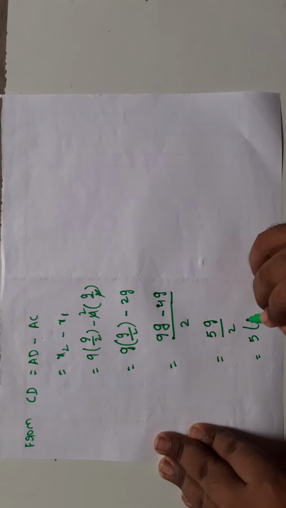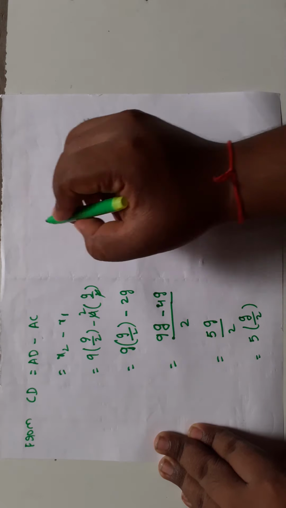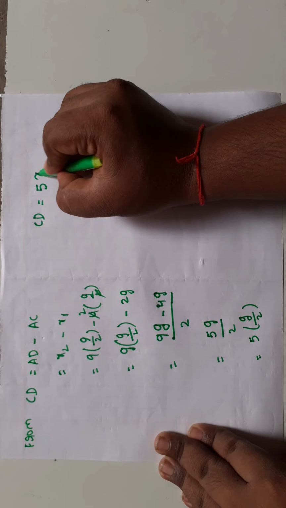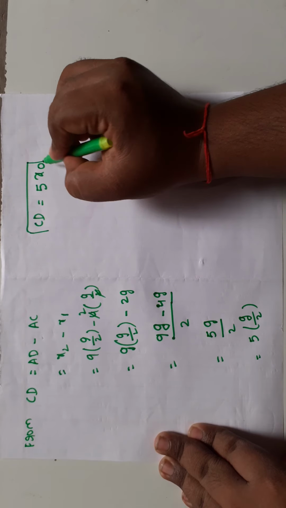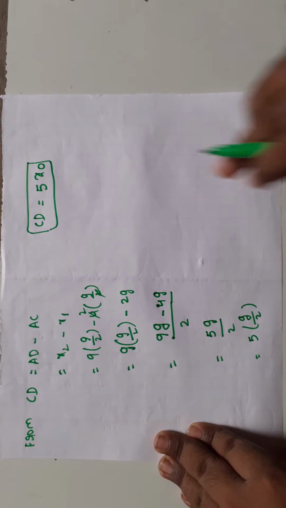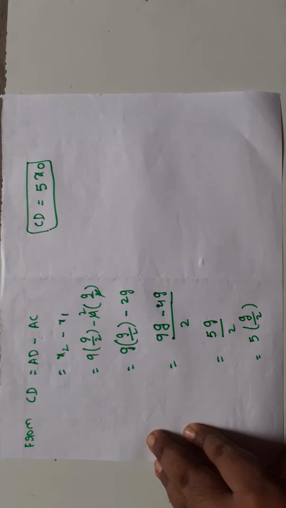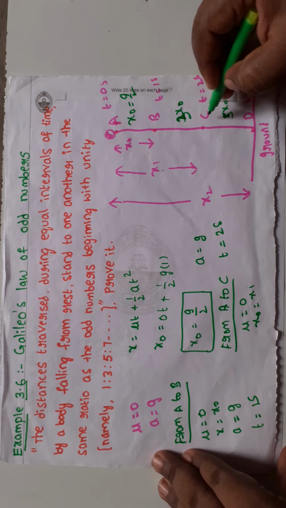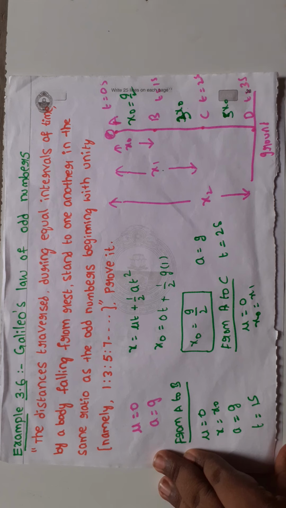So 5 into g by 2. g by 2 means x naught. So CD equals 5 x naught. So from the diagram, C to D is 5 x naught.